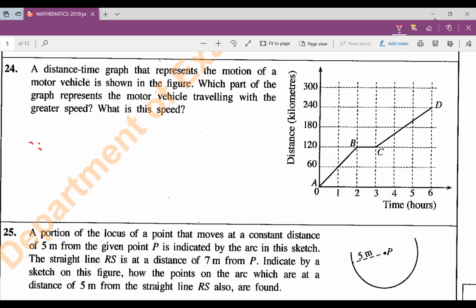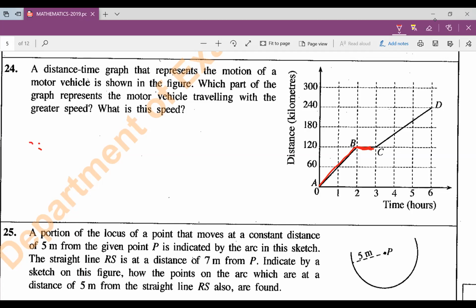When we look at the graph, in 2 hours it is 120 kilometers. From 2 to 3 hours it is just a stop.